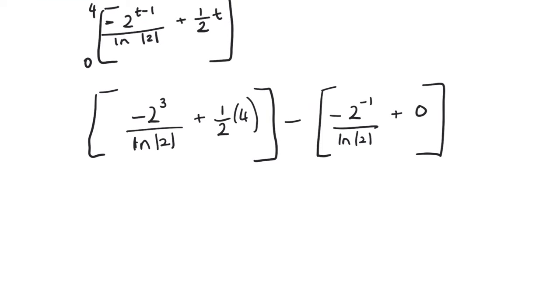Okay, so my only concern is, we're going to do the power first, then do the negative. So I'm going to have minus 8 over ln 2 plus 2 plus 1 over 2 ln 2. Right? So minus 8 over ln 2 plus a half ln 2.